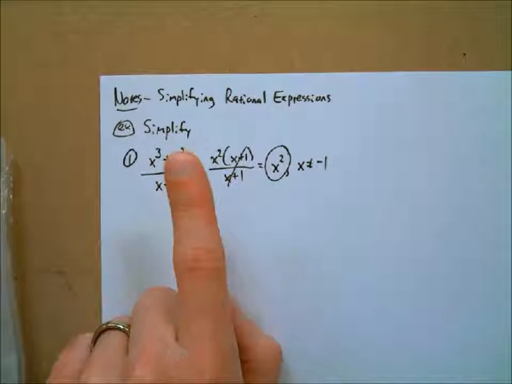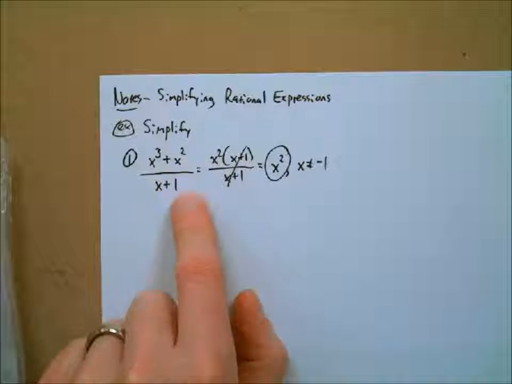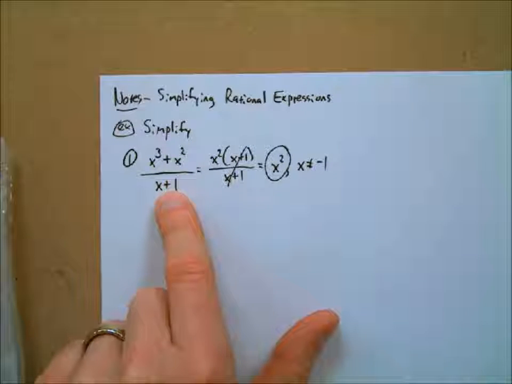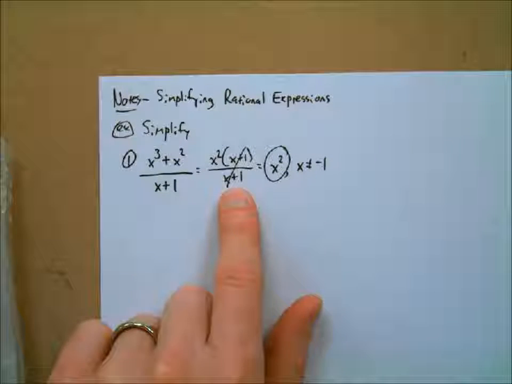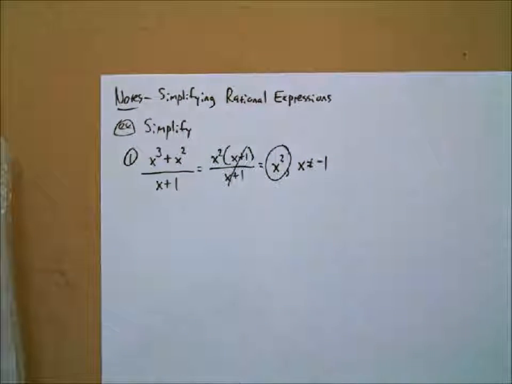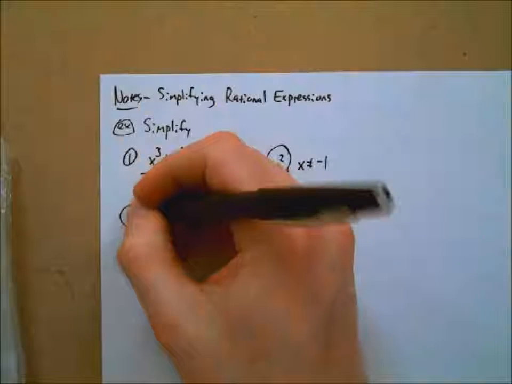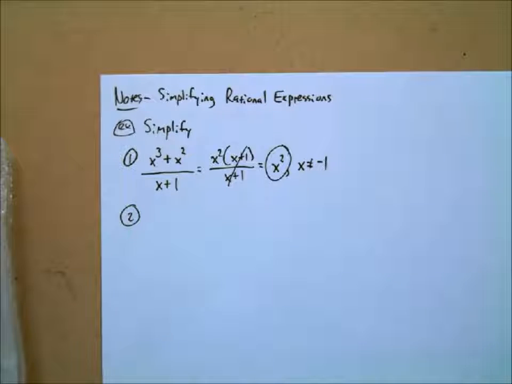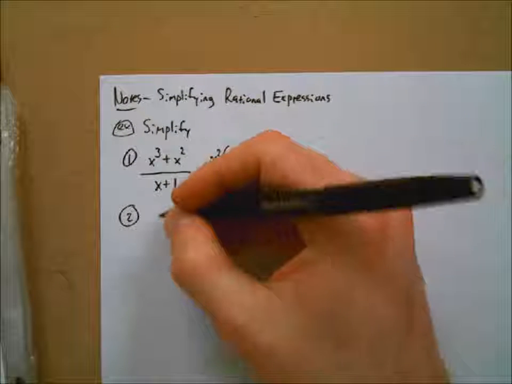Here, if I plug in a negative 1, I'm going to get 0 over 0. Here, if I plug in a negative 1, I get 1. So I don't get the same thing. And so we want to say that these two things are equal everywhere but at x equals negative 1. I'm not going to take points off if you don't do it, but I do think it's important to understand, when you see it, why you see it. Okay? Let's try another one, though.